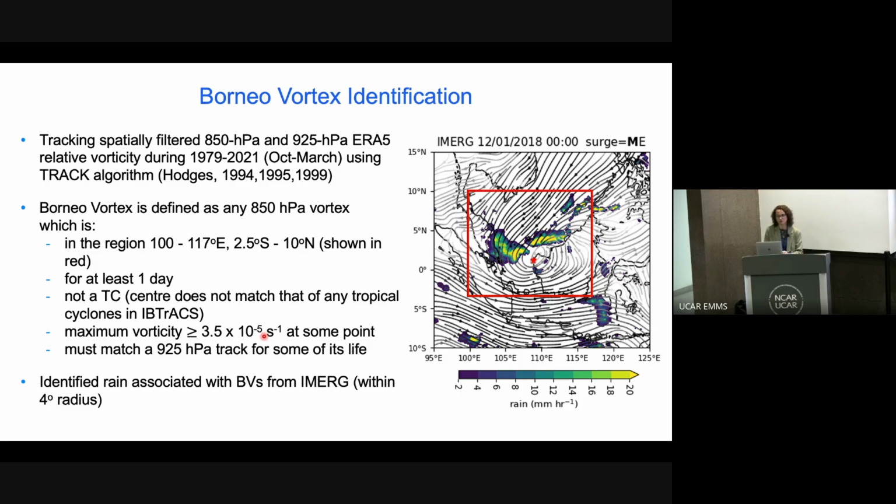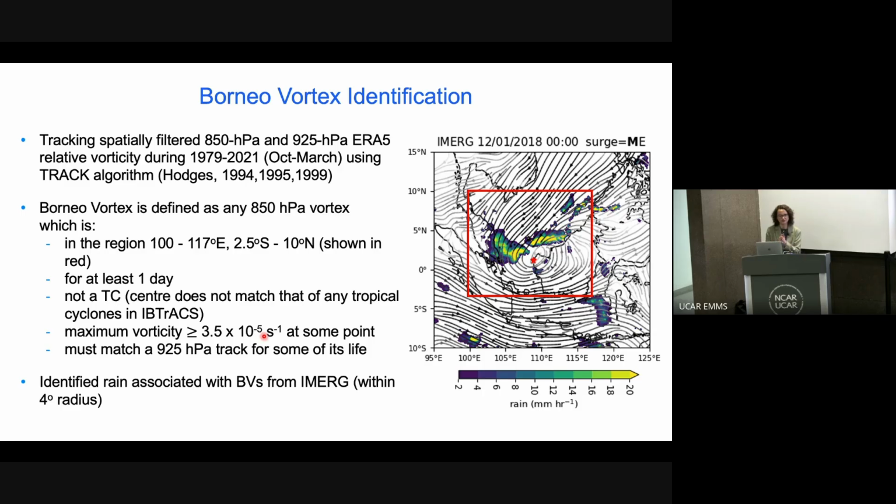We removed all tropical cyclones from the data set, so as not to include any of those. Then another condition is that we need to track them for at least a day, and the tracks at 925 and 850 need to overlap for a certain part of their time. And then they are identified as a Borneo vortex. The tracking has been carried out with the TRACK algorithm by Kevin Hodges at the University of Reading.